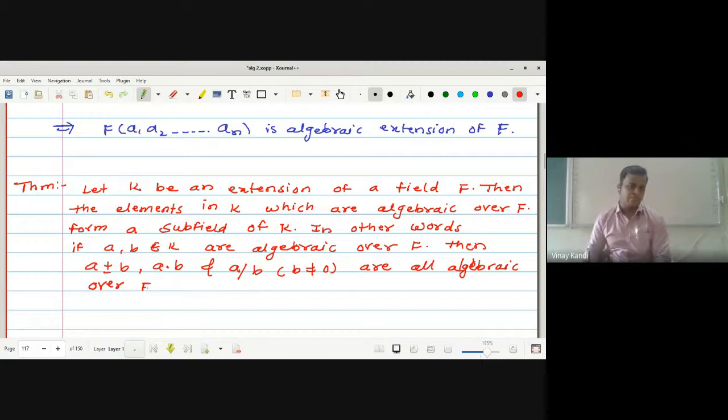If K is an extension of the field F, then the elements in K which are algebraic over F form a subfield of K.